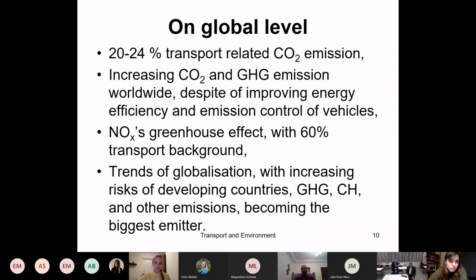On the global level, of course, we should emphasize the greenhouse gas emissions, CO2 and other greenhouse gas contributors of transport, which still strongly depends on local and global energy use, plus some other elements like NOx, nitrogen oxides, which can also have certain impacts on the global level, and the globalization of transport itself, including not only greenhouse gases but also hydrocarbon emissions.